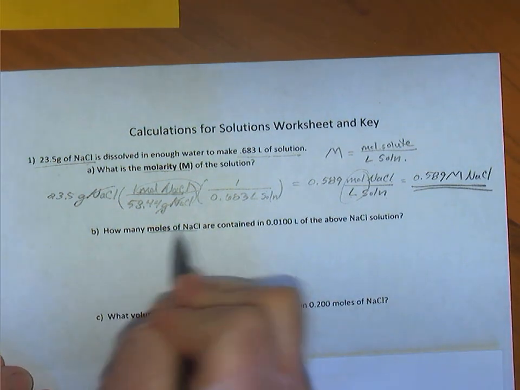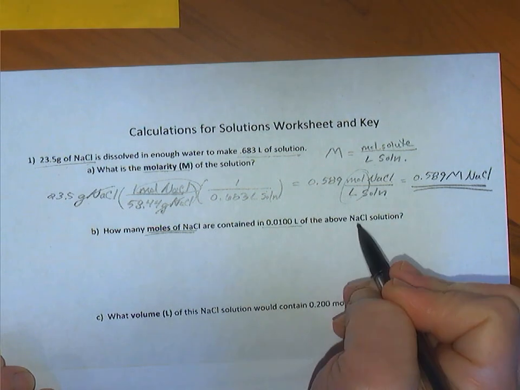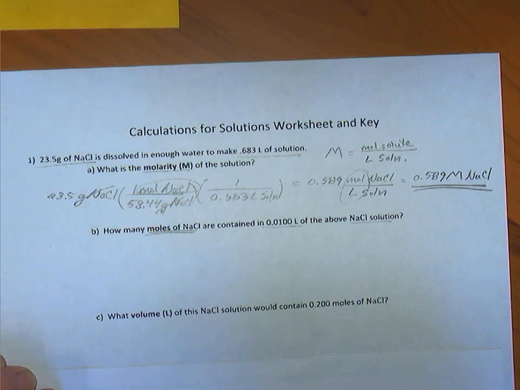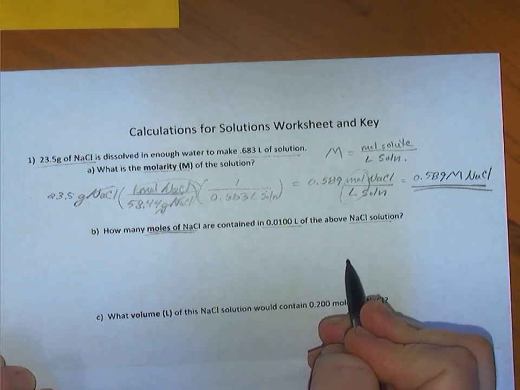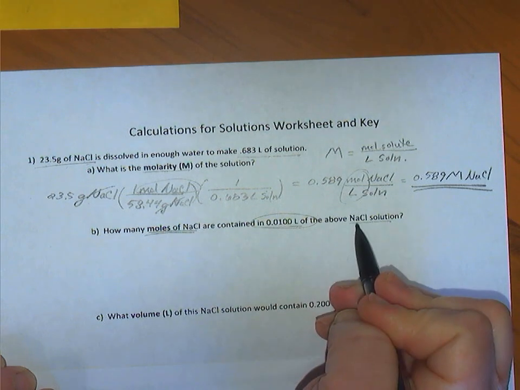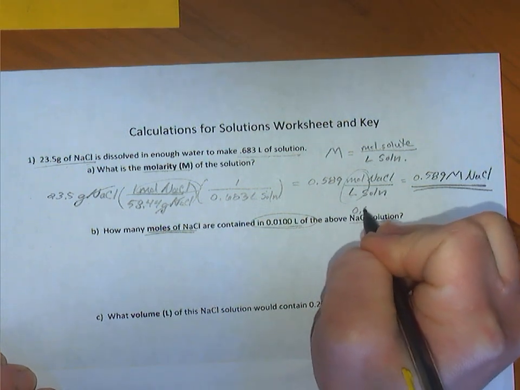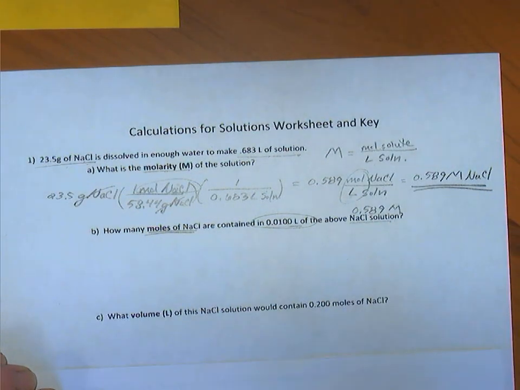How many moles of NaCl are contained in this volume of the solution? All right, I want moles of NaCl at the end. Okay, I'm starting with this volume and I'm now referring to this 0.589 molar solution that I found.